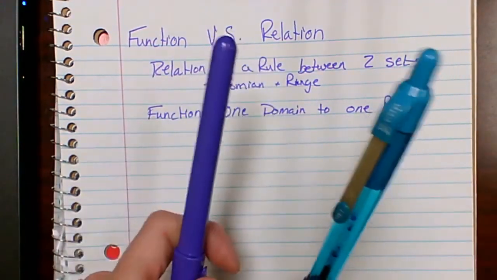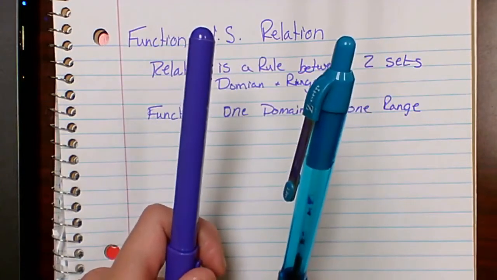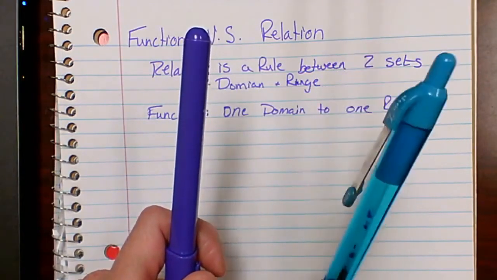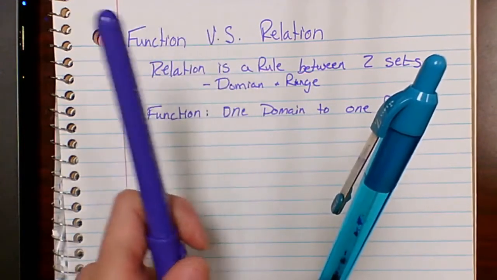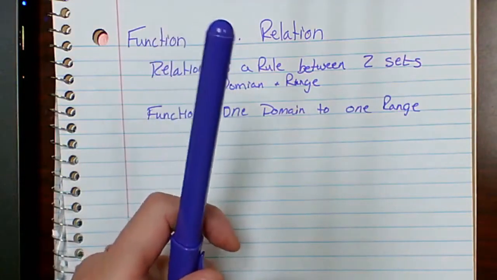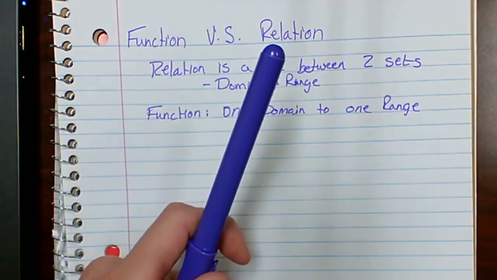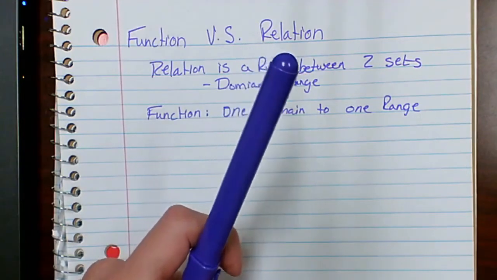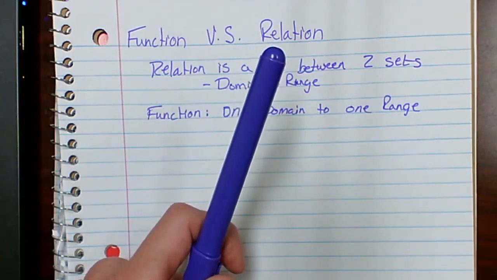A function states that this blue pin can be $1 and this purple pin can be $1. Okay, that's okay. But a function cannot be where this pin is $1 and $2 at the same store.